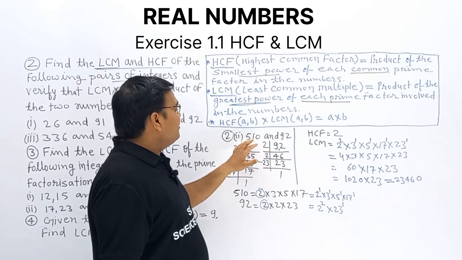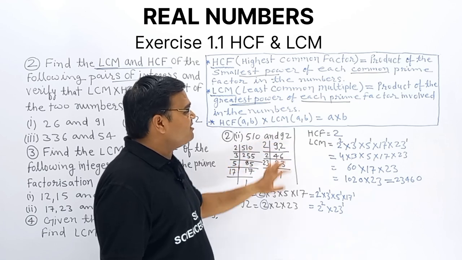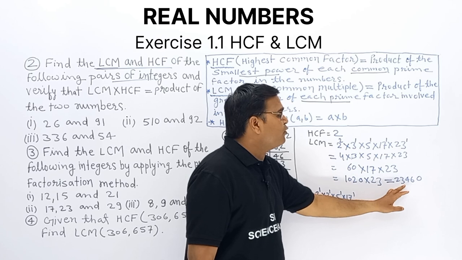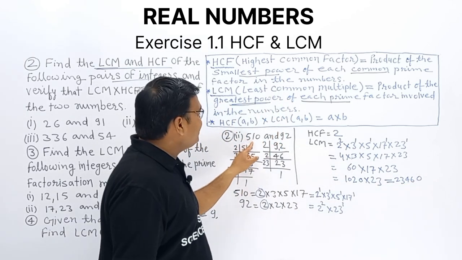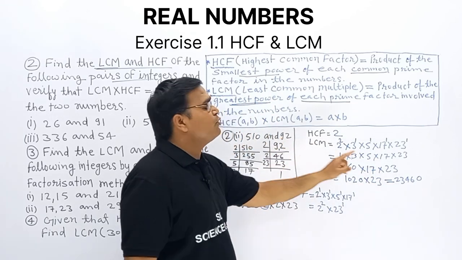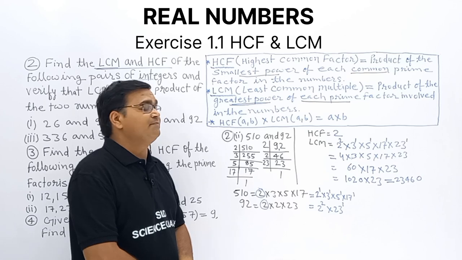So if we have 510 and 92, the LCM of these two numbers will be 23,460. Then 510 is going completely and this is also going completely.